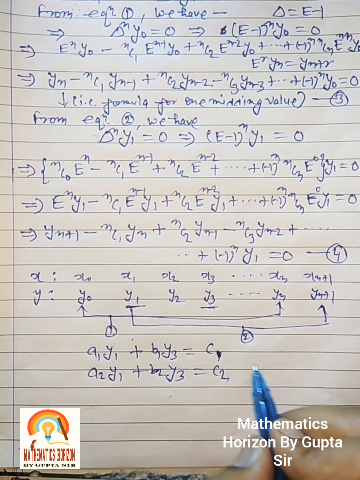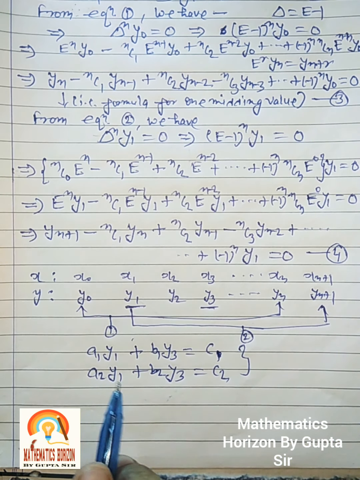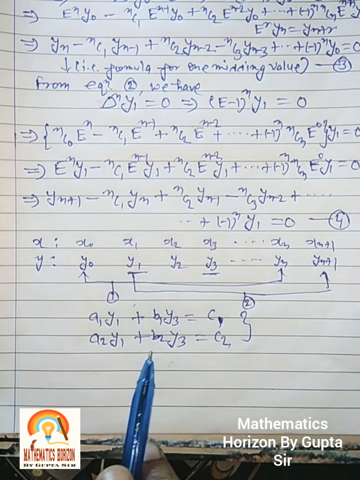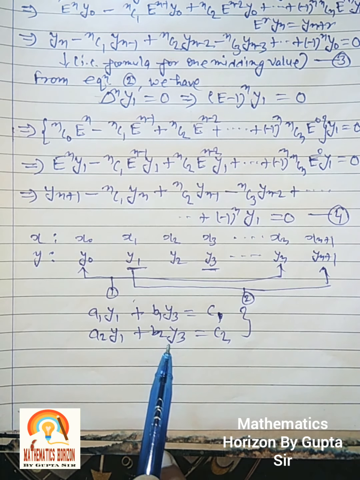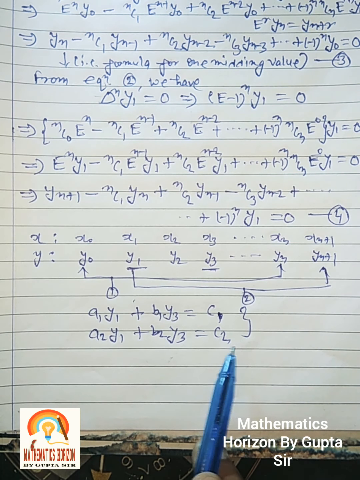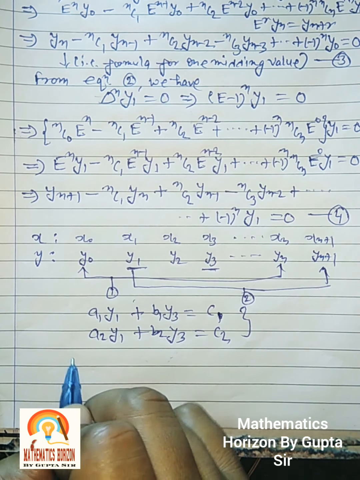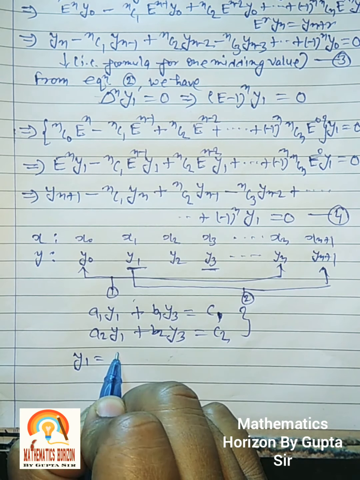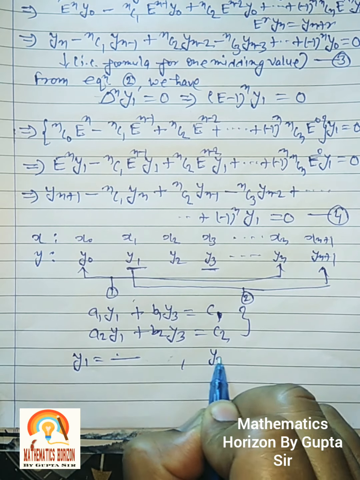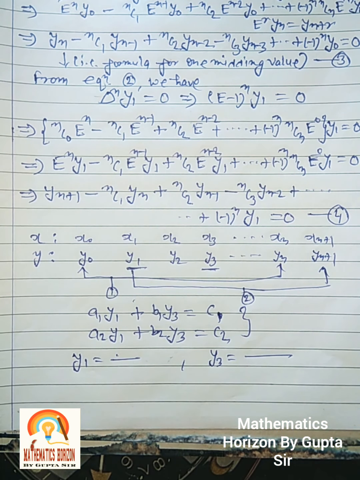These are the 2 by 2 system of equations in which we are having two equations and two unknowns. When we solve these two equations, we can find out the values of y1 and y3, which are the values of required unknowns.